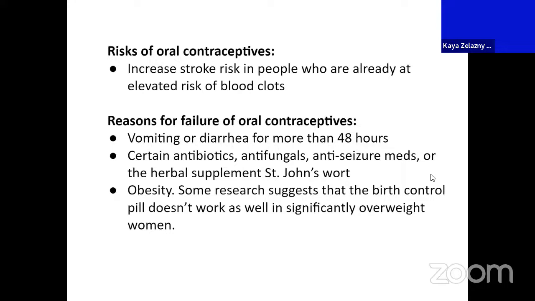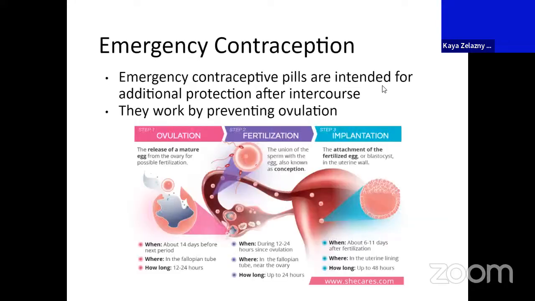So sometimes an oral contraceptive, depending on which one it is, may not work so well in patients who are significantly overweight. And this is true of the emergency contraceptive pill as well. So this is one that's for a specific weight range. There are ones that people can take if they're outside of that weight range, but it's always important to actually read the information of the drug you're prescribing. Okay.